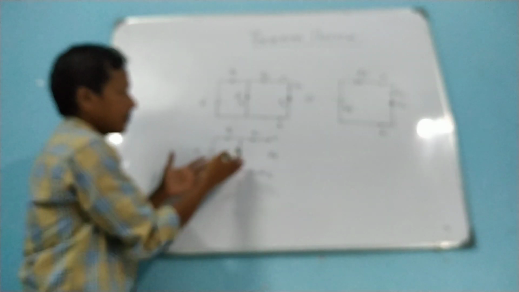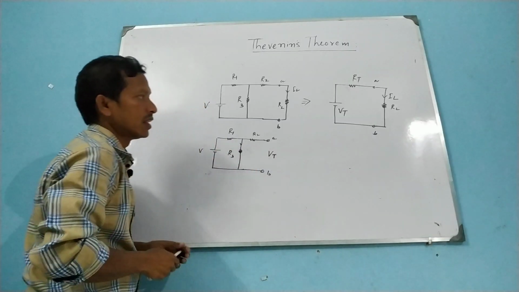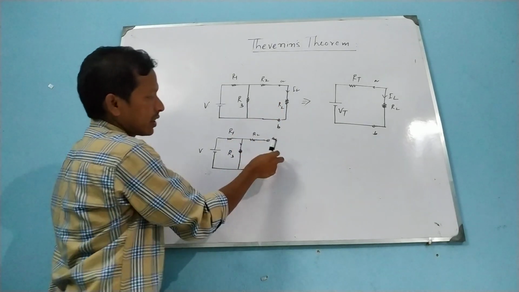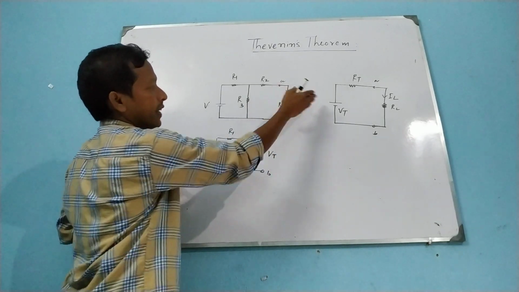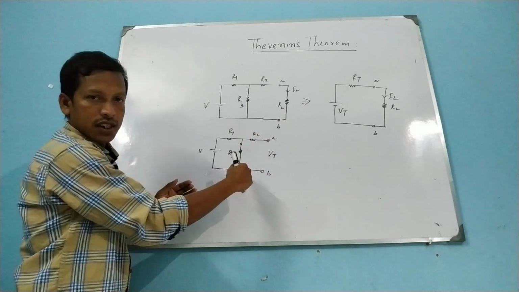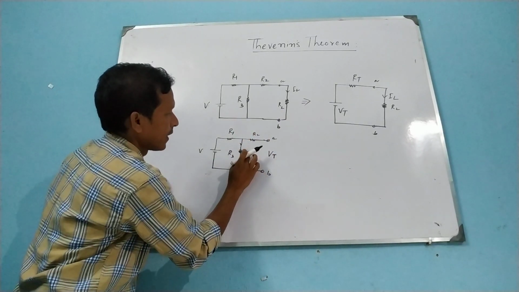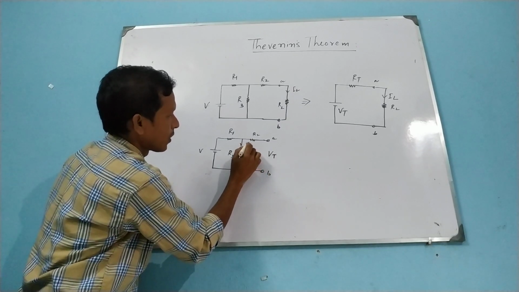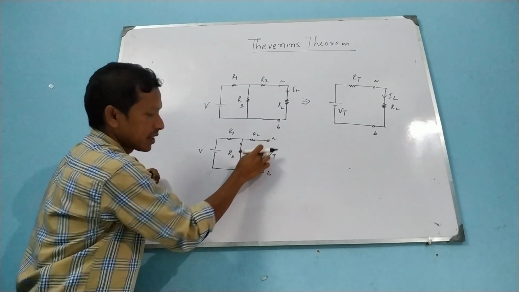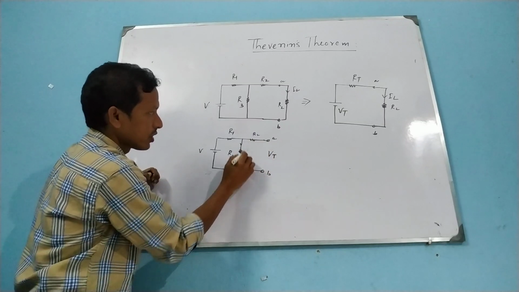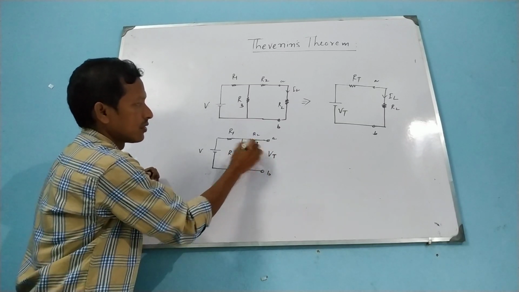This is the circuit diagram, from which we can calculate the Thevenin's voltage. To calculate the Thevenin's voltage, we have to remove RL. So, this is the circuit for the calculation of Vt. Let us see. In the second loop, the loop is incomplete. So, no current flows through R2.